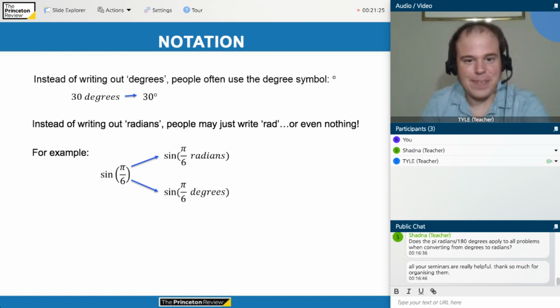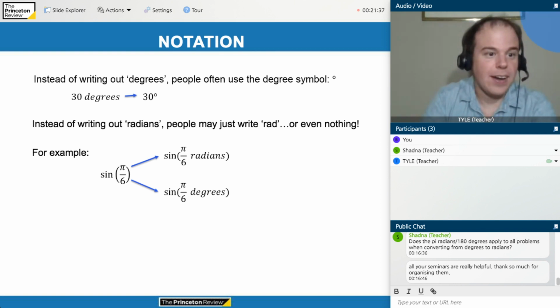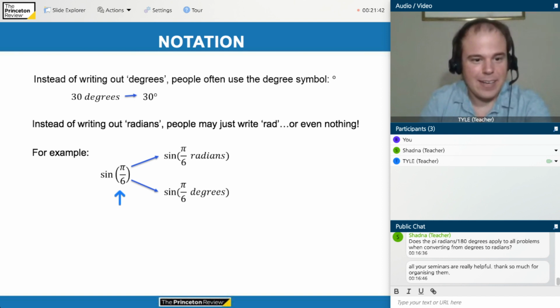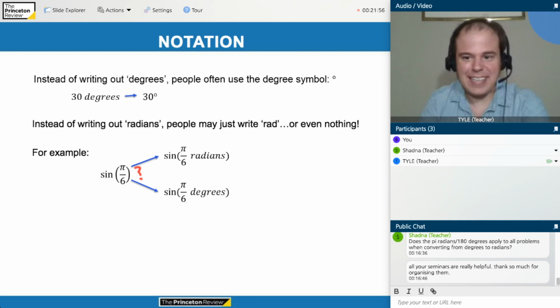This is especially true when the angle is inside of some function. So if the angle is acting as the so-called argument of a function, people may not write radians even though they really mean radians. So for example, here we're taking the sine of pi over 6. Is that supposed to be pi over 6 degrees? Is it pi over 6 radians? What do you think?